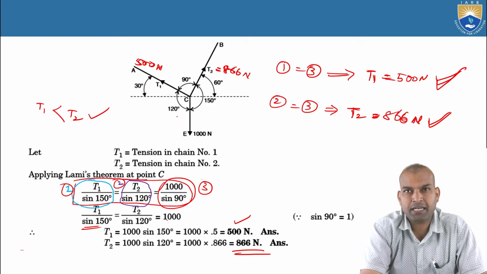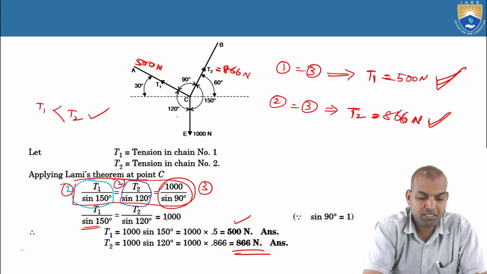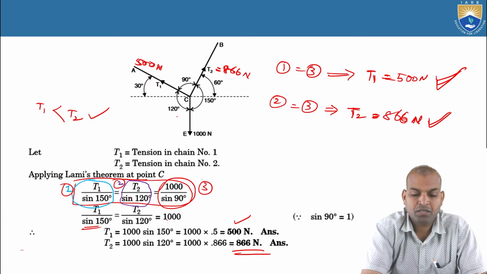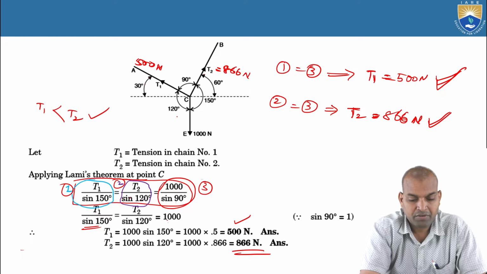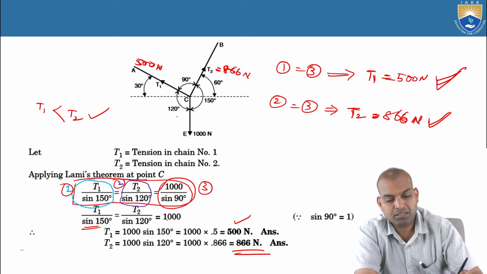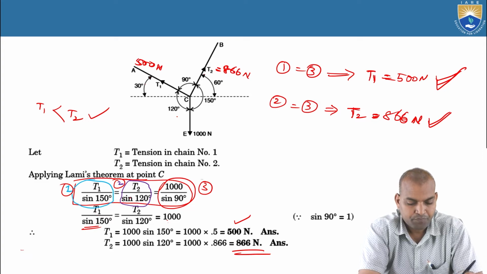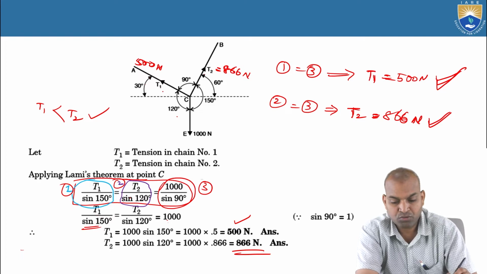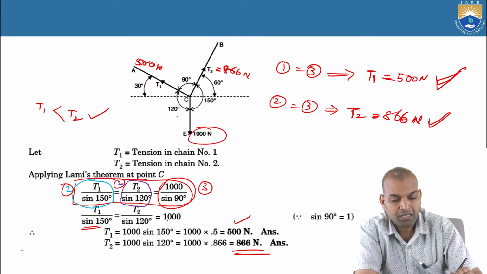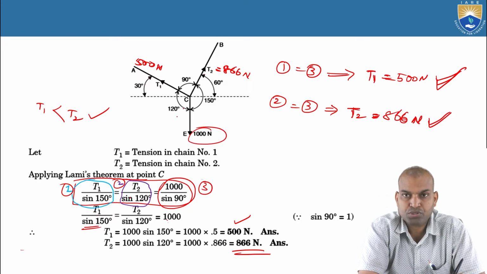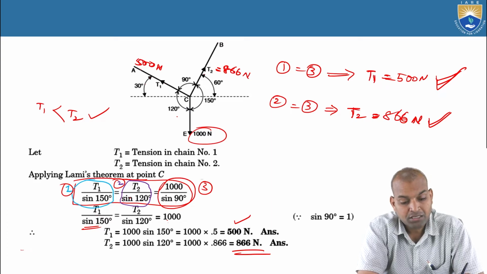Why is T2 greater than T1, or why is T1 less than T2? Here the T1 is making with the 1000 newtons force an angle of 120 degrees.